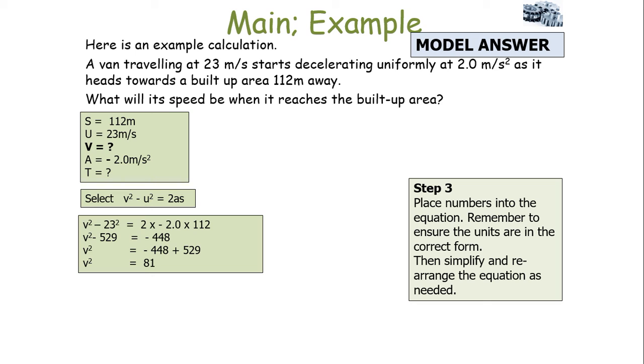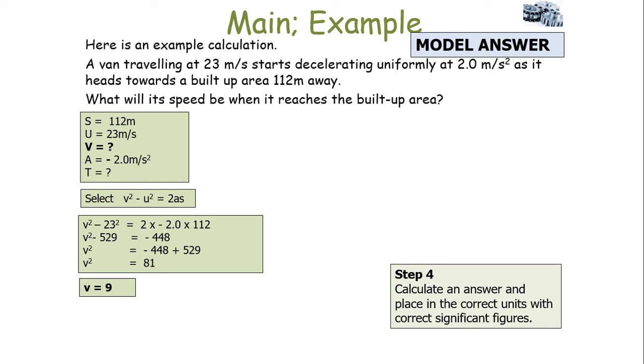So we're doing v squared minus 23 squared equals 2 times minus 2 times 112. So the right-hand side becomes minus 448, and the left-hand side becomes v squared minus 529. So you take the minus 529 to the other side and it becomes plus 529. So v squared equals 81. So therefore v equals 9 because we're square rooting 81.